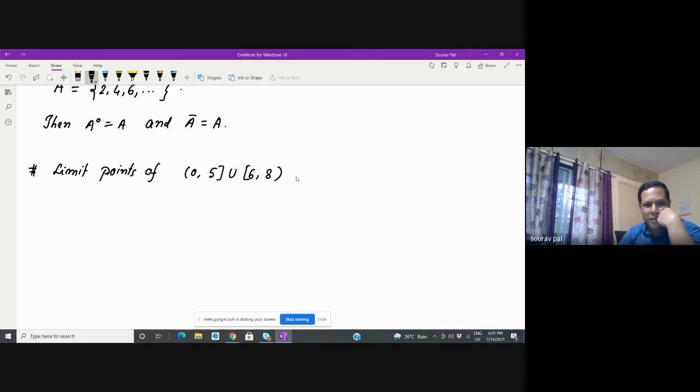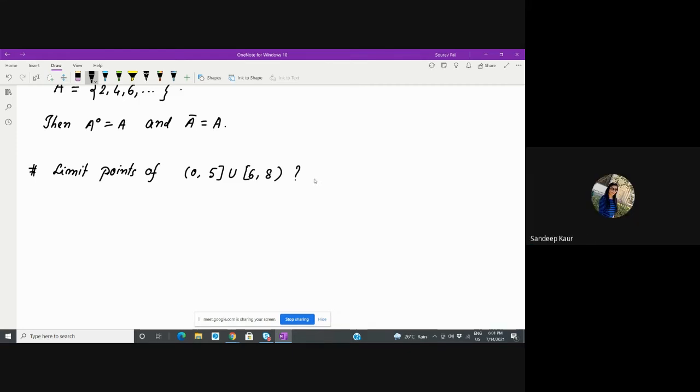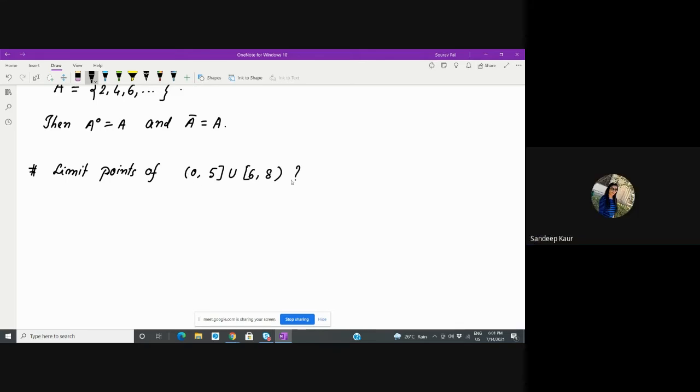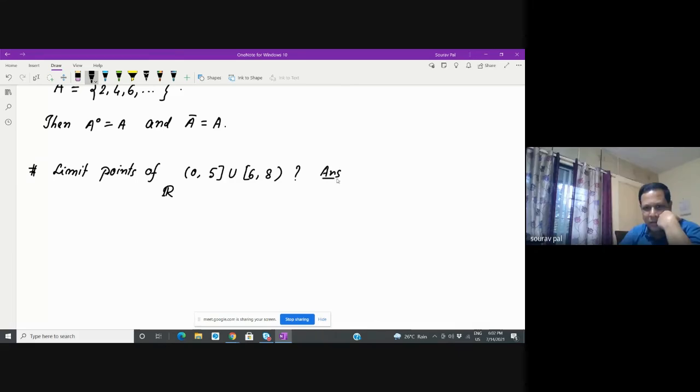What are the limit points of this set? Sir, in which topology? Euclidean topology, definitely. Oh, okay. Sir, it will be closed interval 0, 5 union closed interval 6 to 8. Yes. So you know what the limit points are.